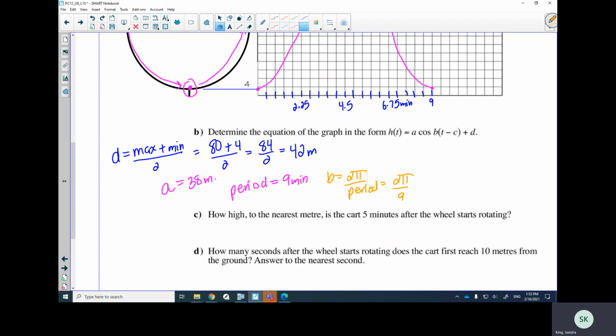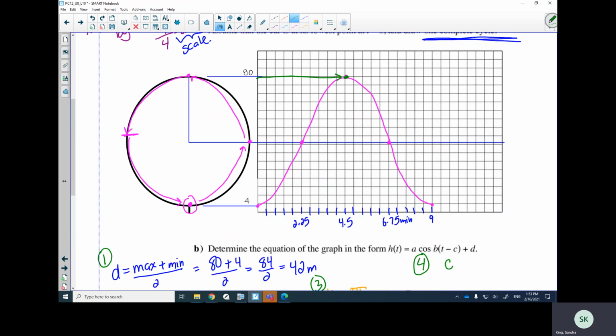And then now I just have to figure out the phase shift. So the last thing I always do, so again, first thing, second, third, fourth, is the C value, which is your phase shift. Because remember, the cos graph, this guy down here, if I move that over, so if you want to see, I could show you.